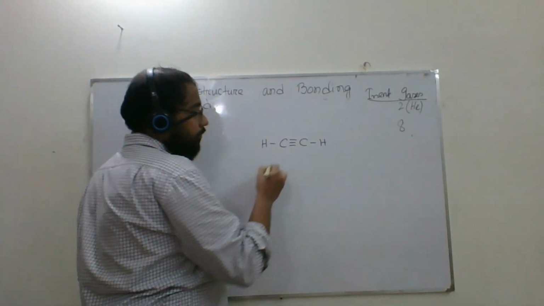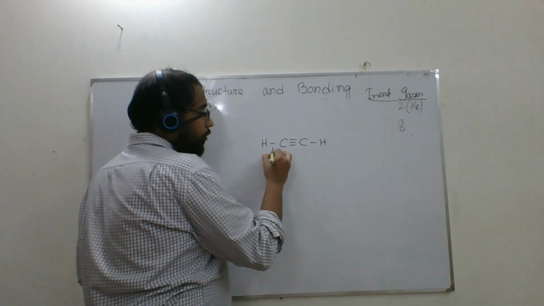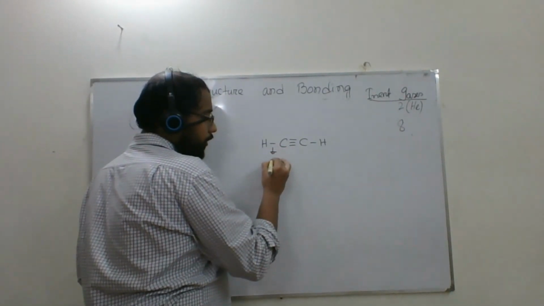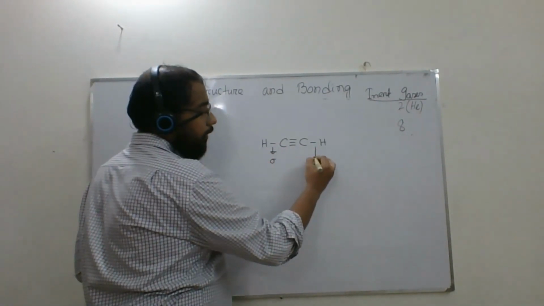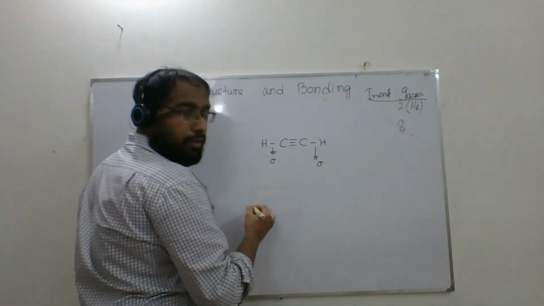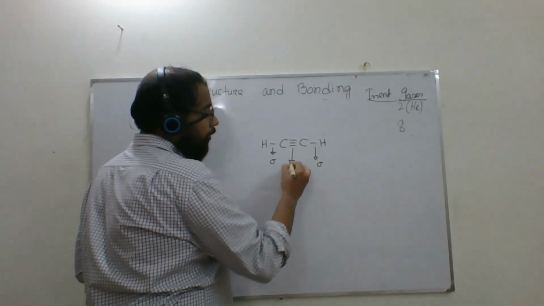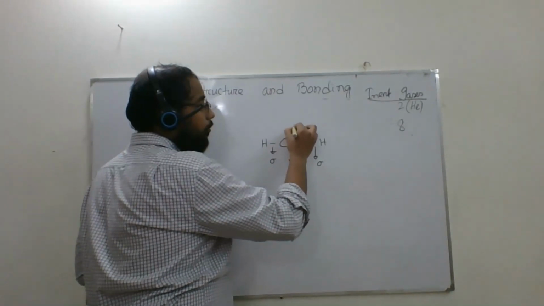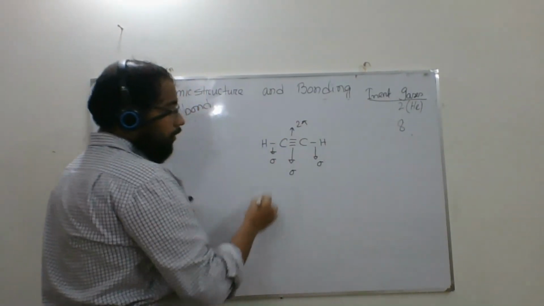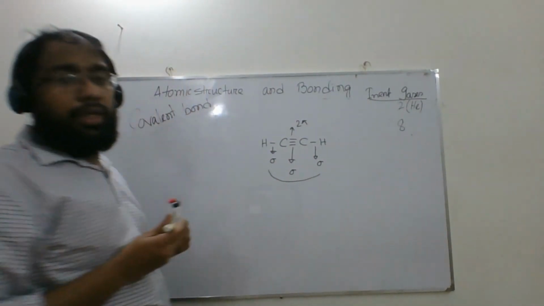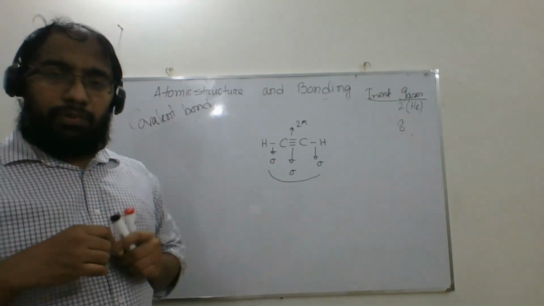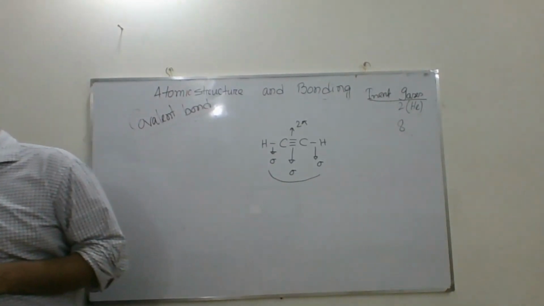You can calculate. I said a single bond means sigma. This single bond is sigma, and this triple bond is one sigma and two pi. So that means there are three sigma and two pi bonds. Okay, I think it is clear.